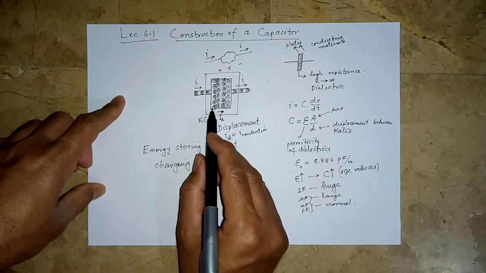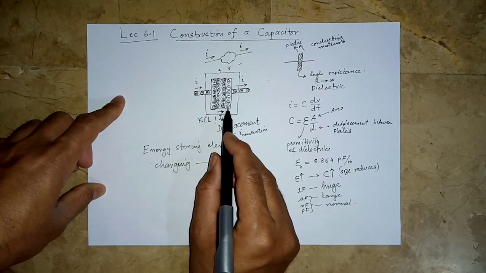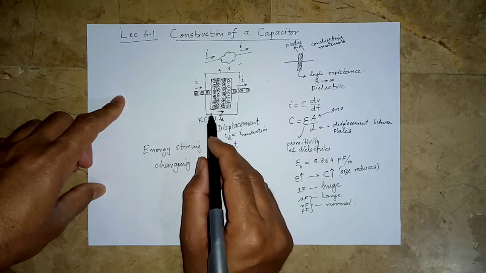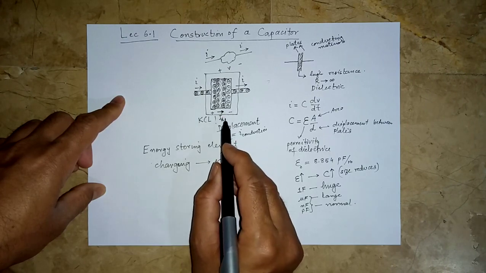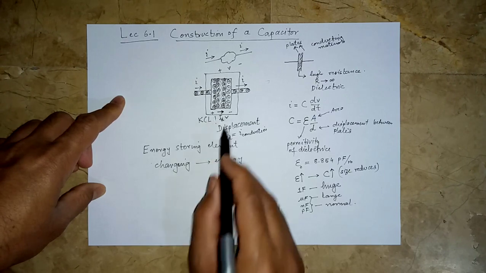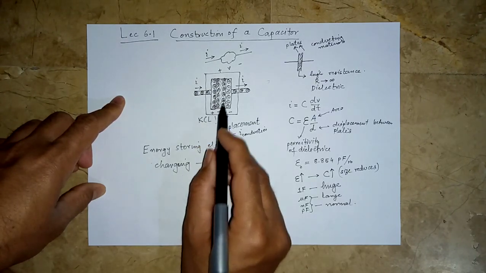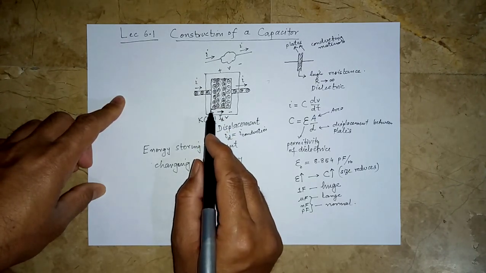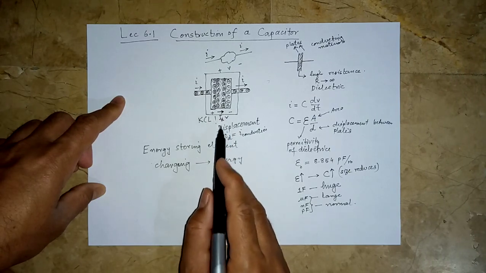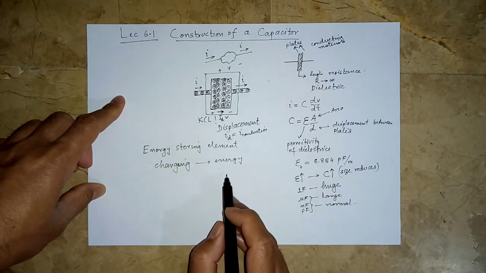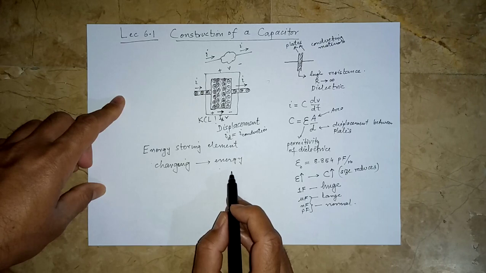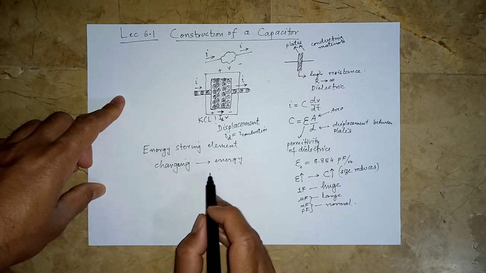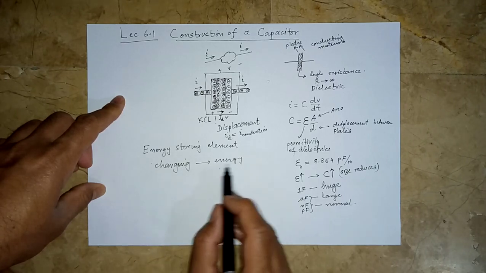So what happens when we have positive charge here and negative charge here? We get a voltage difference between these two plates. An electric field sets up between these two plates. So whenever we have a voltage across a capacitor, we say it is charged, it has some energy.